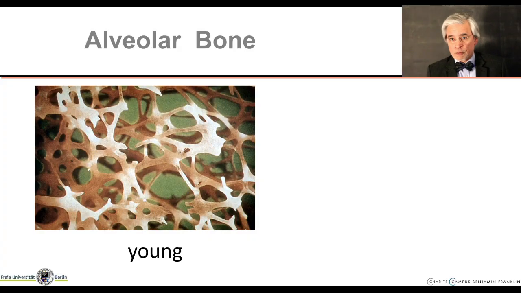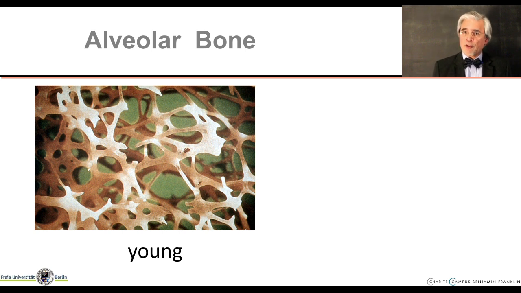So the question was at that time, what kind of differences in the physiology and the cell population in the alveolar bone do we expect when we compare adolescents with adults? What is different in bone to begin with? In the young bone, the bone trabecula are still thick.